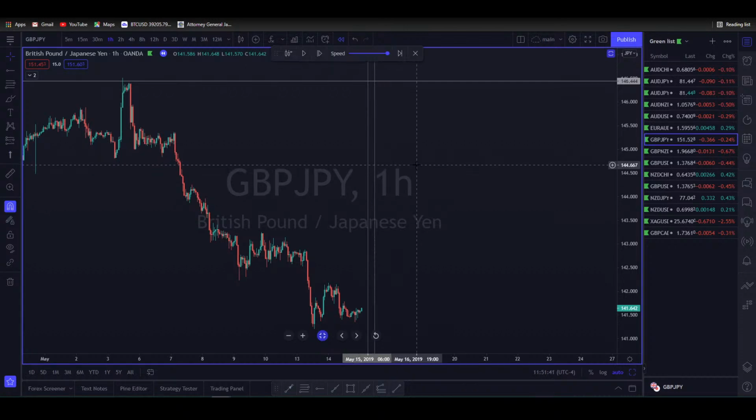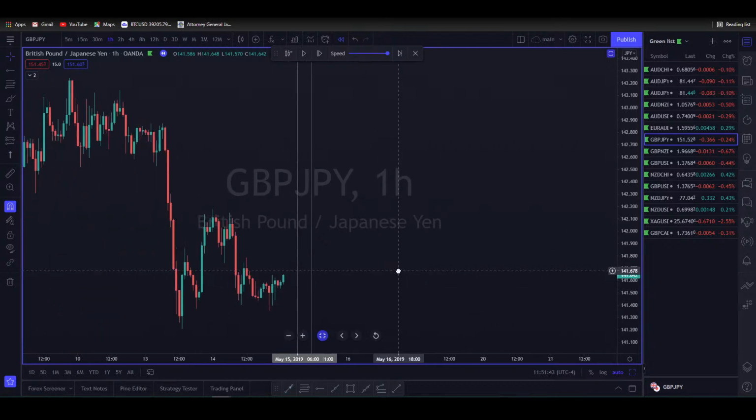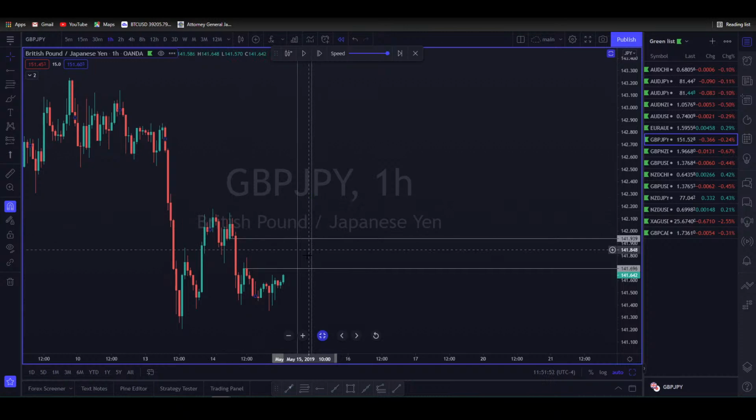Let's go as far as to say 11. So that's 4 hours. Hourly resistance there. Hourly Heath level here. So in this box, this is our kill box, our kill zone.